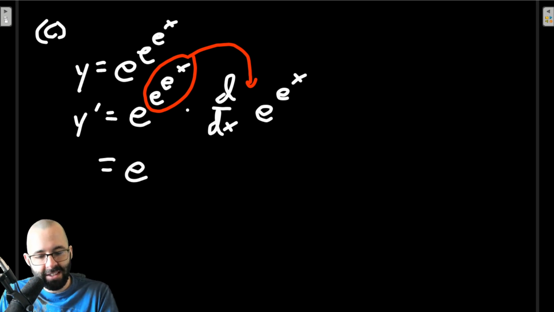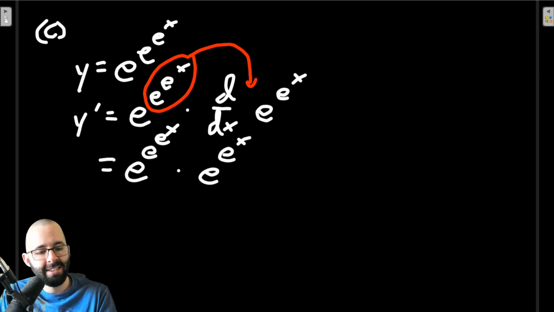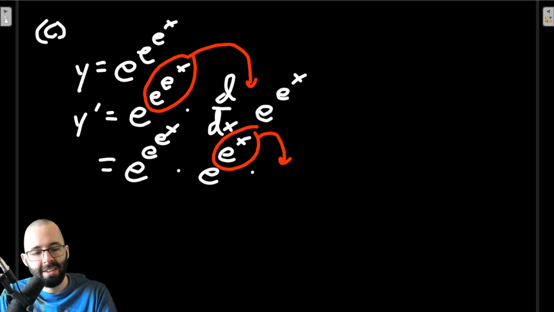So the first thing, let's leave it alone. E to the e to the e to the x. Let's look at the second derivative. Derivative of an exponential function is itself. Oh, just e to the x. Multiplied by the derivative of the inside. What's the derivative of the inside? It's the exponent. So we have to multiply by the derivative of this one.